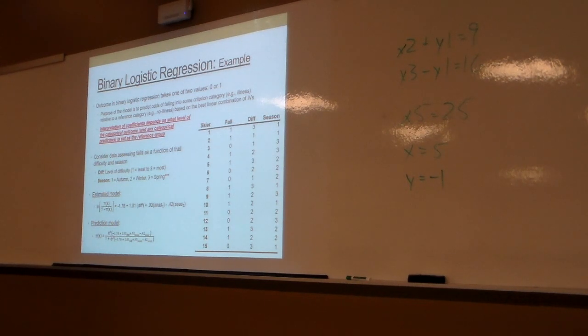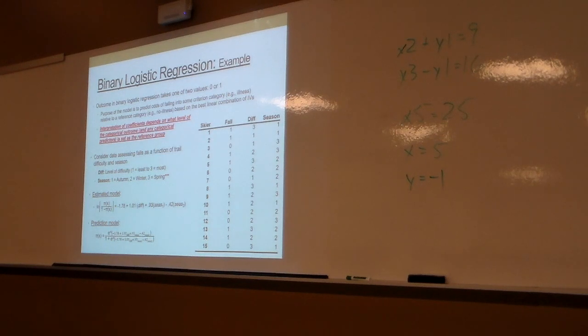SPSS isn't going to give this to you, but you can go back through and exponentiate, just like I could in a regression model, to tell you the expected value of an outcome given these values for the predictors. I can get a probability based on the coefficients in my model. I can tell you the probability of something happening based on the values of my predictors.